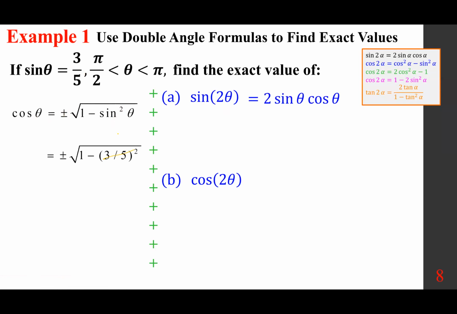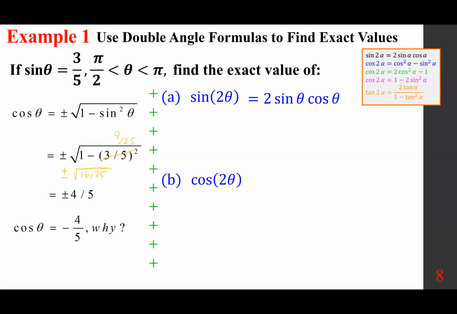So we get 9 over 25. 1 minus 9 over 25 is 16 over 25 under the radical. So plus minus 4/5, and cosine becomes negative. We choose the negative one.